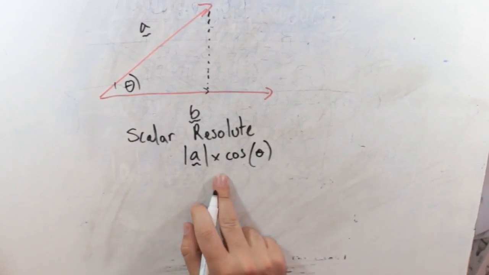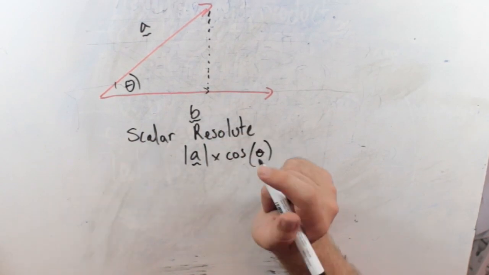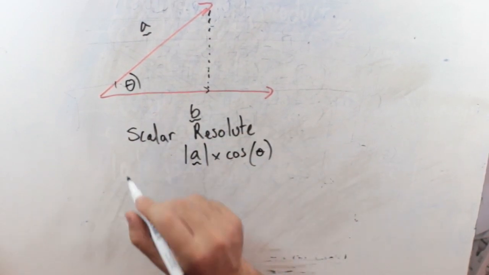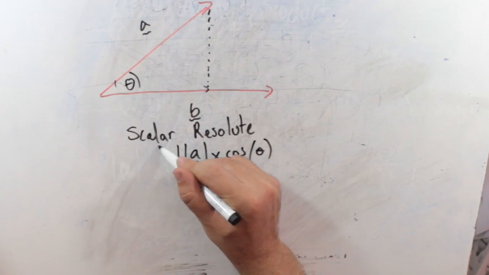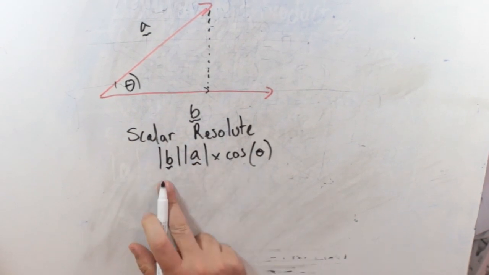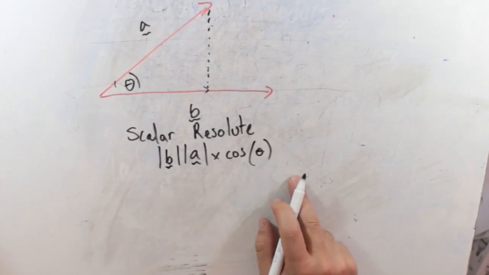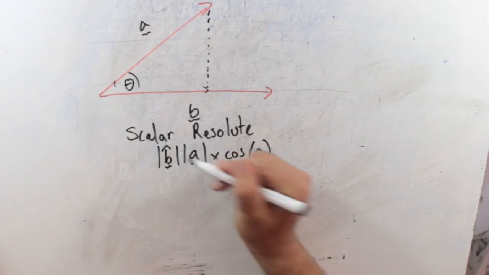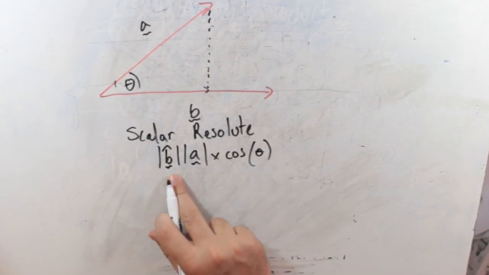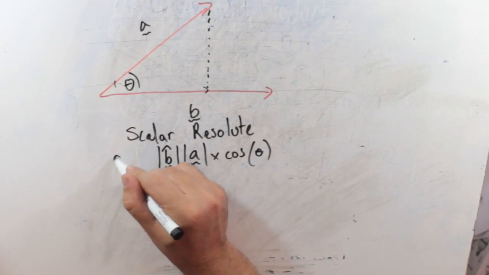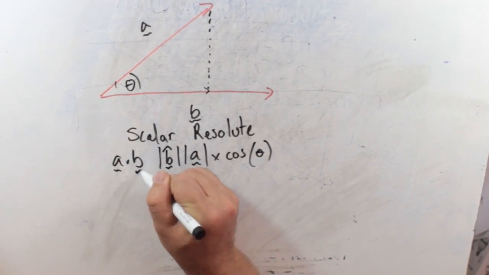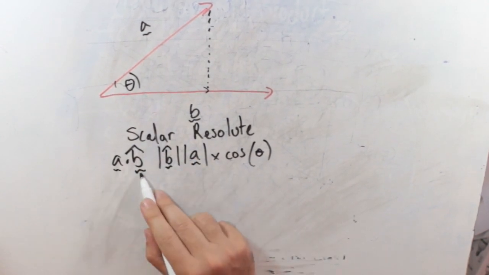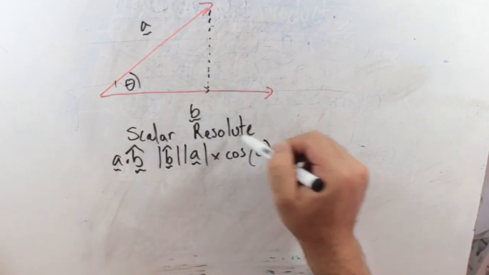That's almost the dot product, but we just need B in there. If the magnitude of B was 1, then we just have the dot product. So we want the magnitude of B hat, which is 1. So if we had A dot B hat, the unit vector of B, then we've got the scalar resolute.